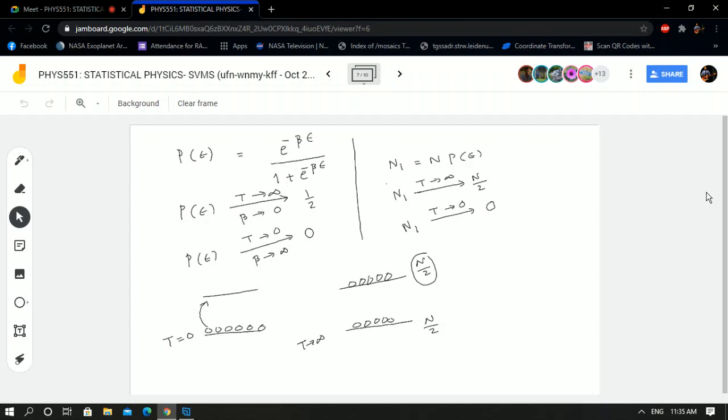So when I am writing n1 is equal to n into the probability of epsilon, this probability of epsilon is the probability that a particle is in the excited state.